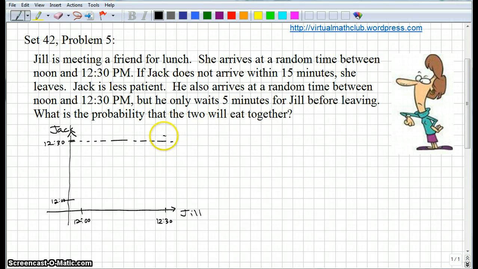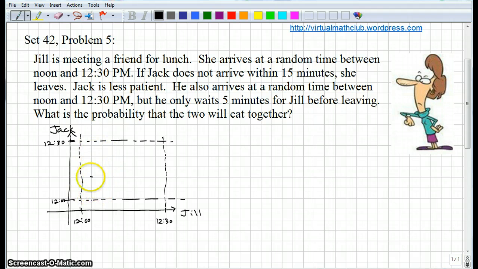Okay, and if we were to plot out the area of the possible combinations of their arrival times, we'd get a rectangle. I'm just going to draw some dotted lines here, and any of the points within this rectangle would be a possible arrival time of the two of them.